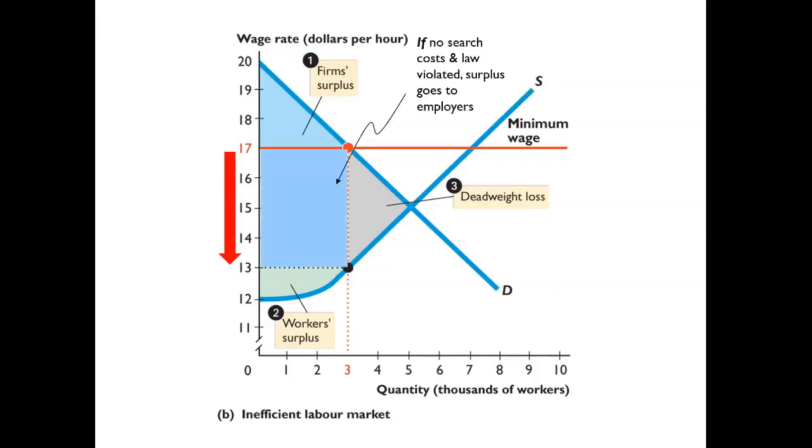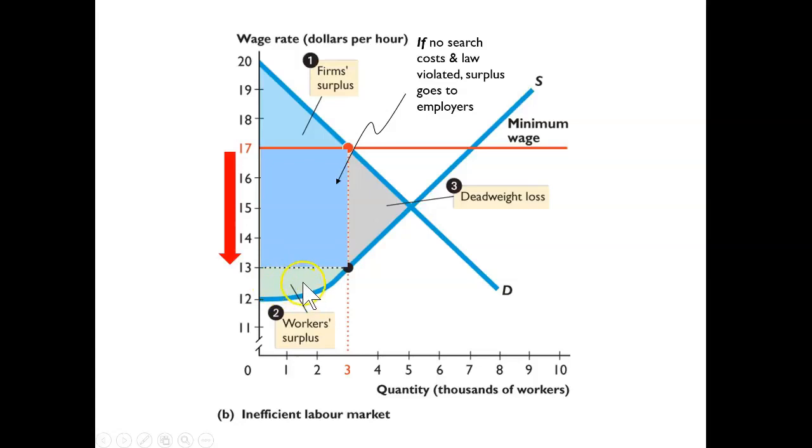And so the economic welfare area that goes to the firms, that is the firm's surplus, would increase to gobble up some of the worker surplus. So the firm surplus would be the area under the demand curve up to the quantity employed, and above the, let's call it black market, illegal wage that workers were willing to accept.